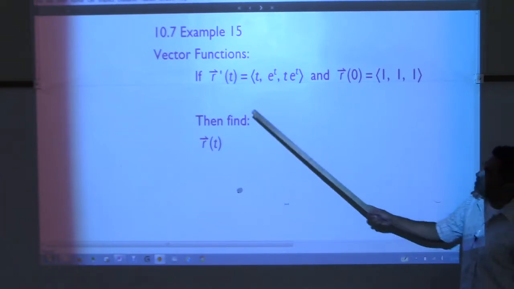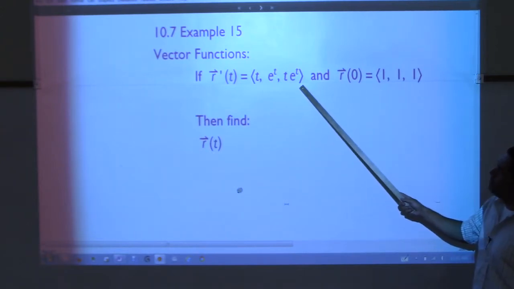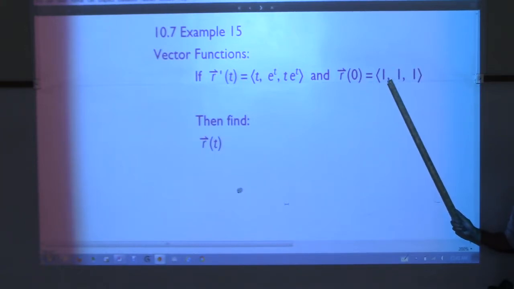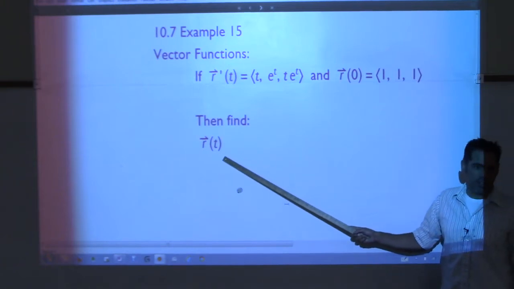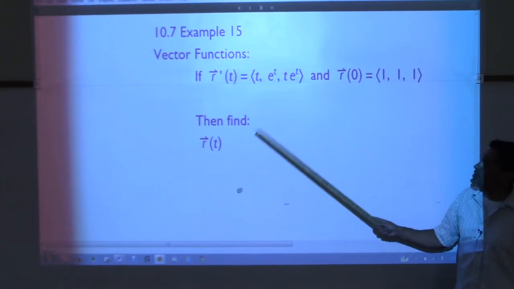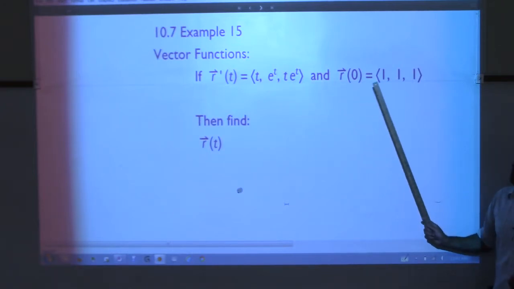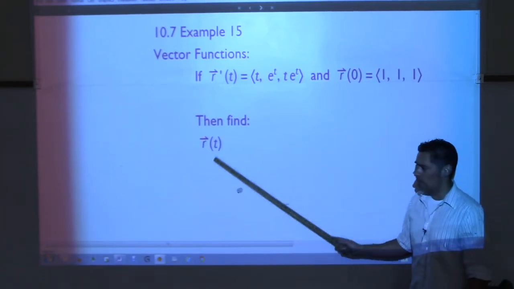If the derivative of r of t is this vector function, and I tell you that r of 0 is the vector 1, 1, 1, then tell me the position function. So what I've given you is some information about the derivative of r, and I've given you what we call an initial condition. And from that information, we need to be able to get back to the original r function.